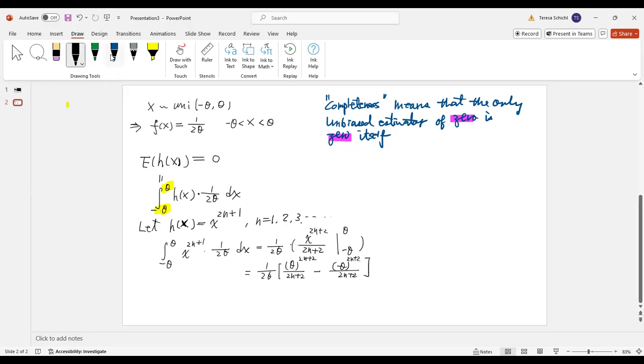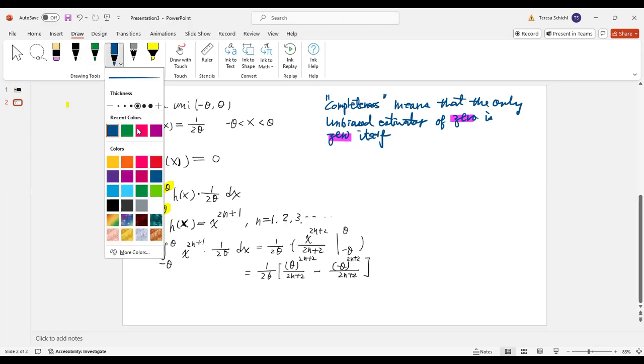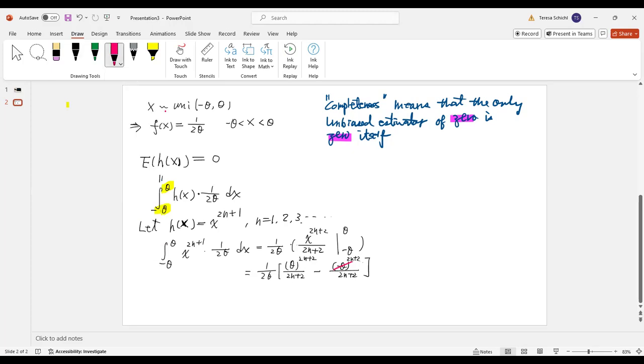Because the exponent is an even number, negative theta to the 2n plus 2 becomes theta to the 2n plus 2. So the two terms cancel out, and I get 0. That means the expected value of h of x equals 0.